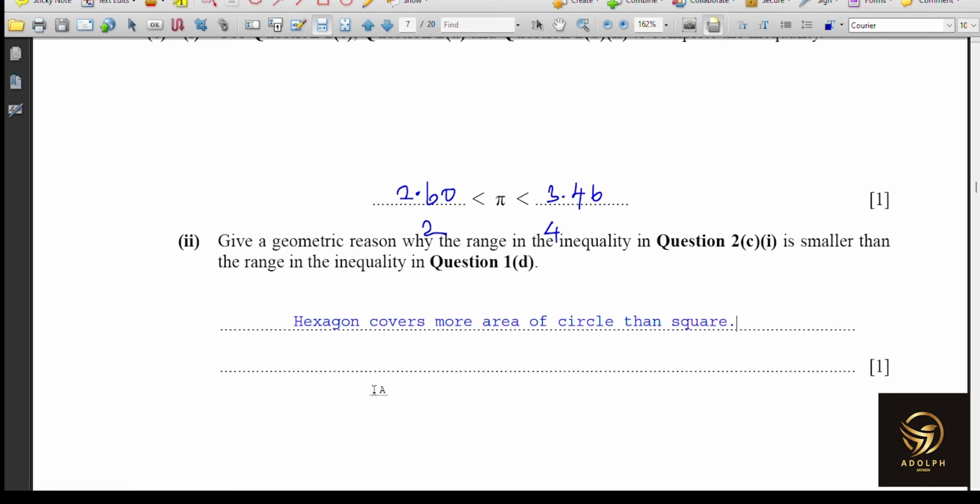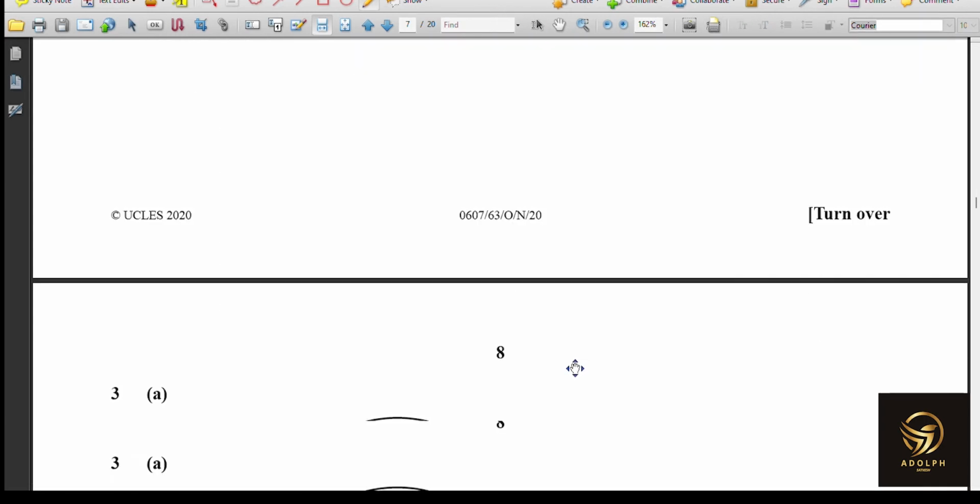Or you can even mention that the hexagon has more area than the square. Any one of the reasons is enough. If you give this, it's fine, and that shows your understanding. We'll go to the next one.